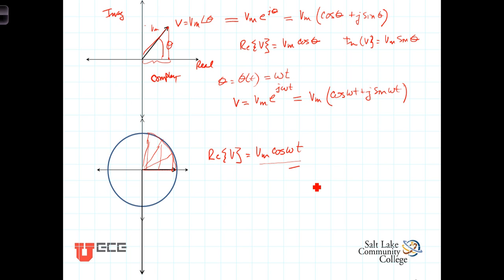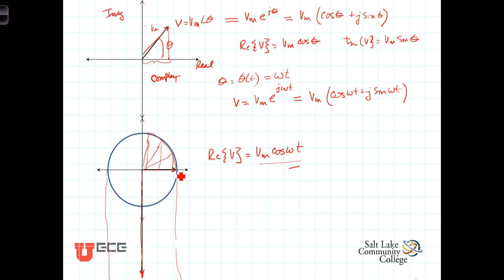We can see graphically what's happening. Let's now overlay a time domain axis coming down like this, and let's plot as a function of time the projection onto the real axis of this point as it goes around at omega radians per second. Just draw a couple of lines down here to help me graph this.